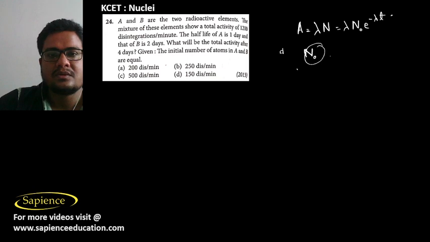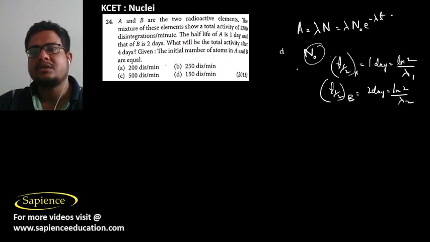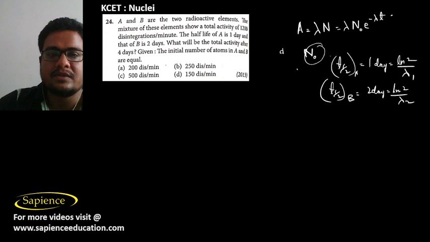Therefore, for the half-life of A, that is 1 day, it is equal to ln2 by lambda 1, and the half-life for B is 2 days. Here lambda 1 and lambda 2 are the radioactive decay constants for the radioactive elements A and B respectively.